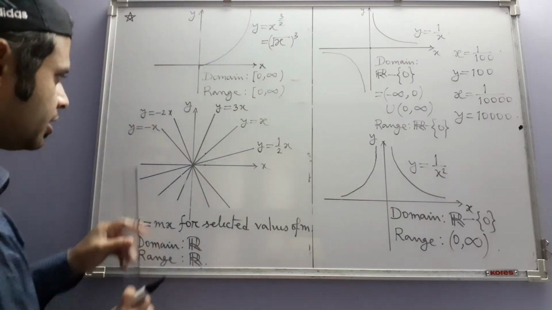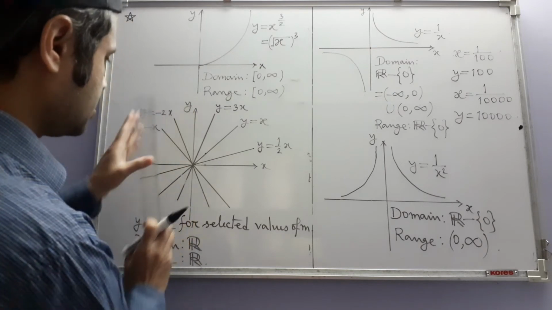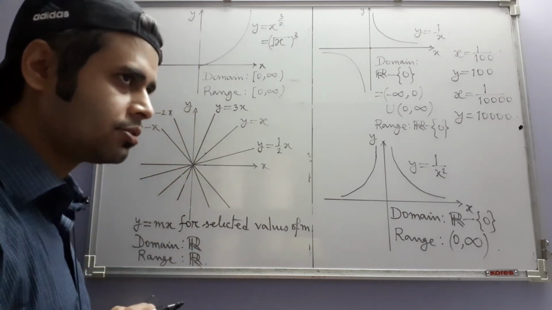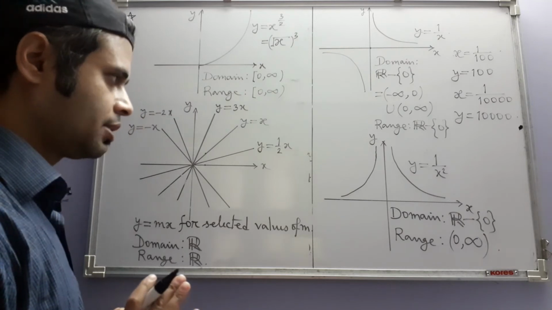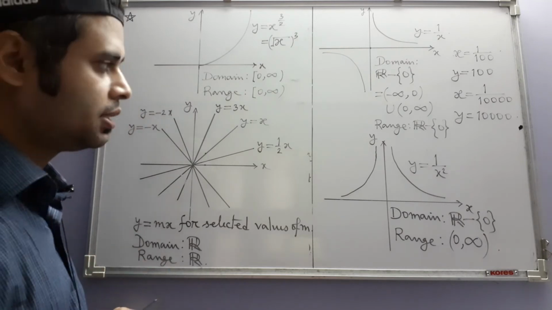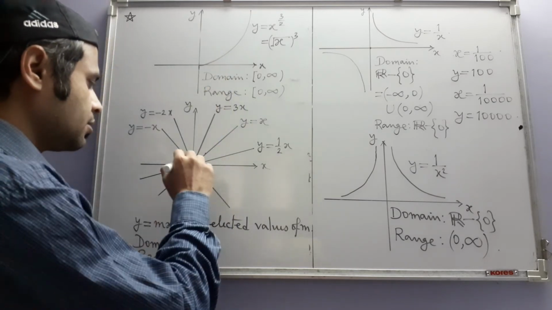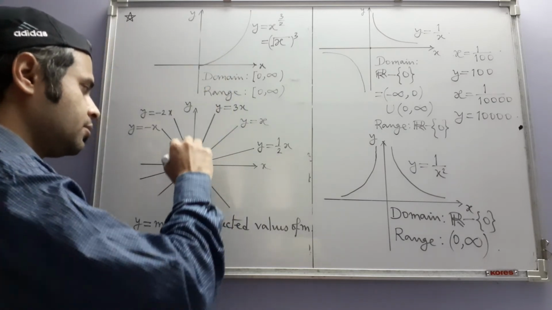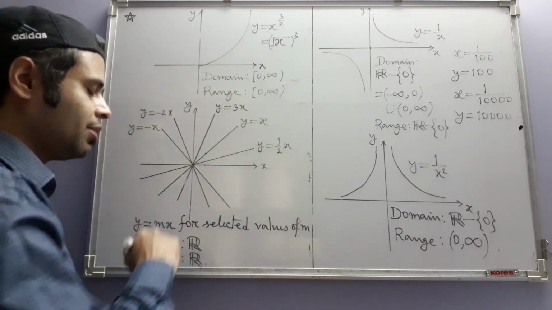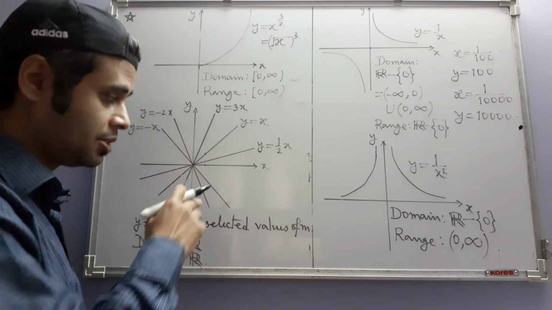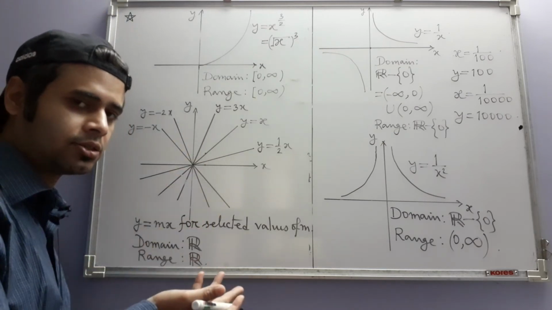And if you take the y-axis, that is also a line, it also has an equation x equal to 0, but it's not the graph of a function, because it fails the vertical line test. For that single point 0, you have infinitely many values of y satisfying the given equation x equal to 0.